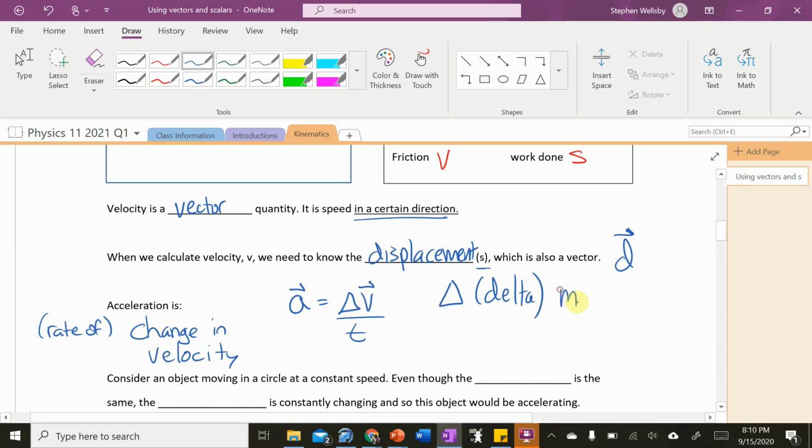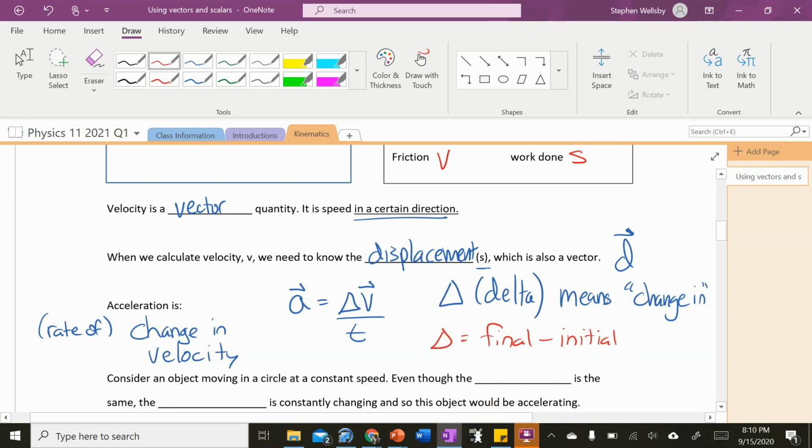And this means change in. So delta v means change in v, or change in velocity. And this is always going to be your final value minus your initial value.